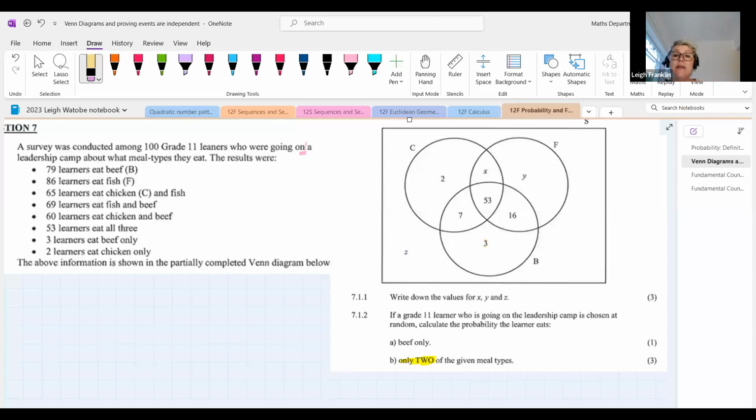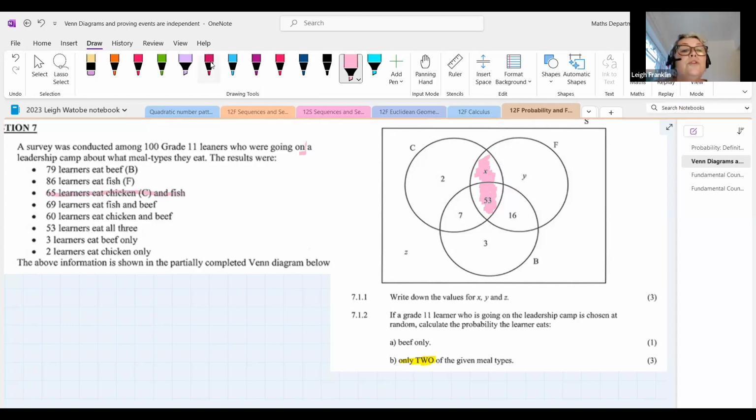Okay, so X is chicken and fish only. All right. The area with X and the 53, that is chicken and fish. So if I highlight this in pink, this is chicken and fish. They tell us that there are 65 learners that eat chicken and fish.